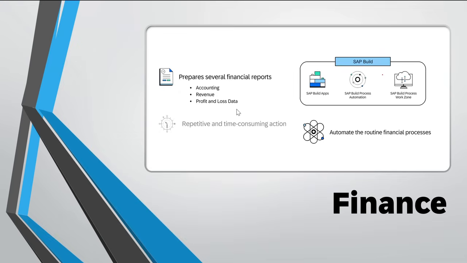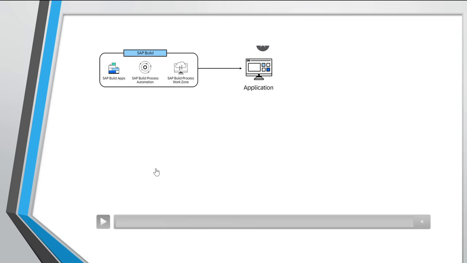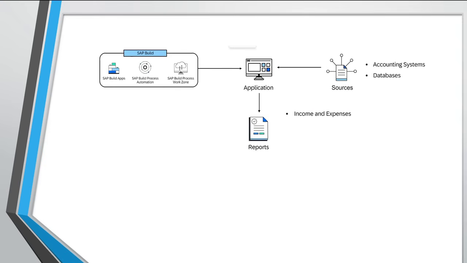Same way, in case we want to develop an application for the finance team, consider this example: how to prepare several finance reports on accounting, revenue and profit and loss data. In this scenario, we can also automate the process. First, we create an application, then connect all the sources, such as the accounting system, databases and everything.